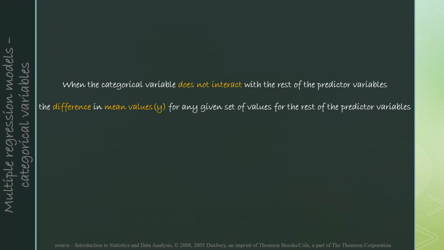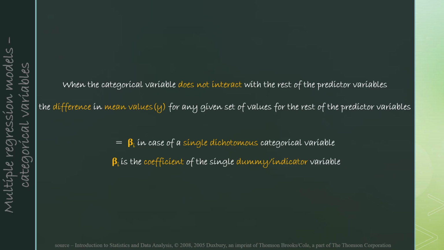When the categorical variable does not interact with the rest of the predictor variables, the difference in the mean values of y for any given set of values for the rest of the predictor variables equals the fixed value beta I in case of a single dichotomous categorical variable, where beta I is the coefficient of the resulting single indicator variable.